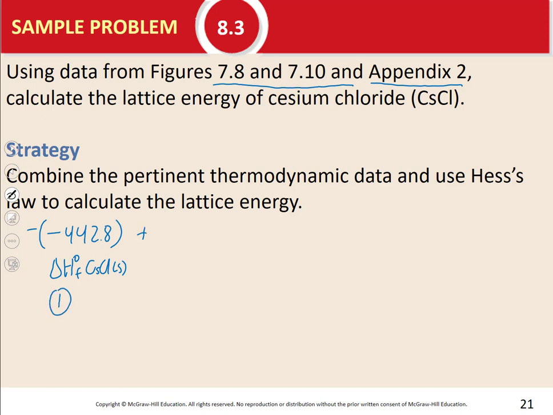Step 2 is the standard enthalpy of formation for the metal in the gas phase. So now we want cesium to be a gas. So the standard enthalpy of formation of cesium in the gas phase, 76.50 kilojoules per mole.